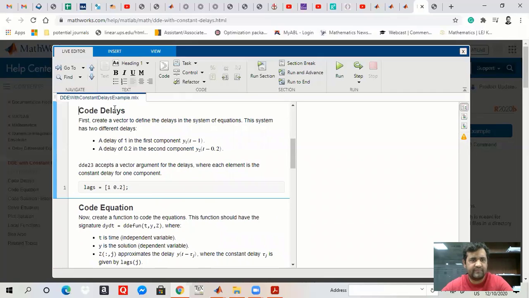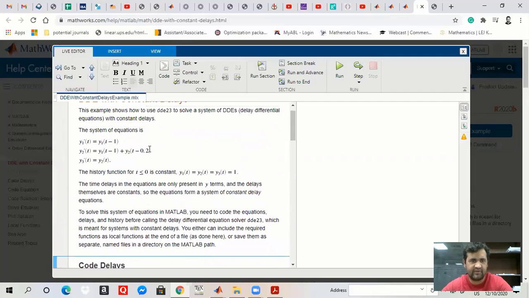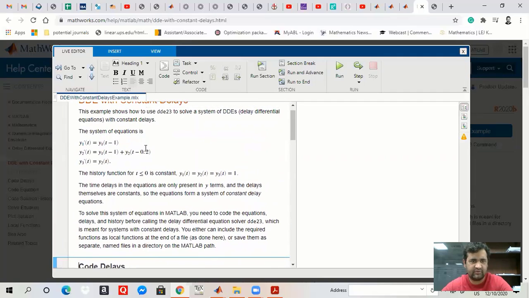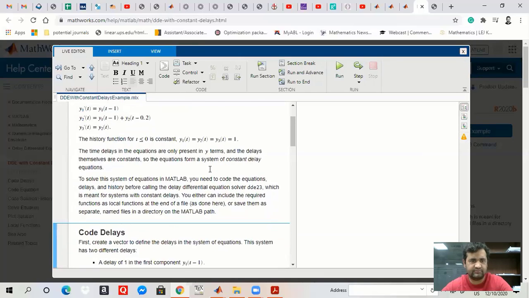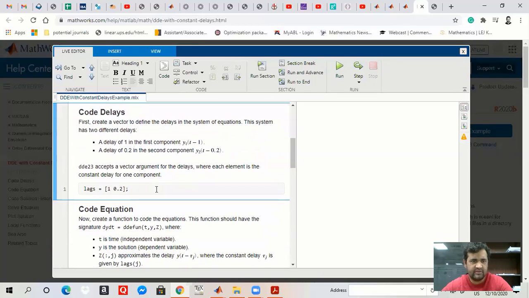In order to code delays, in this particular example we have two kinds of delays. One is 1, and the other one is 0.2, because it's clear from here. The ODE solver basically accepts a vector argument for delays.